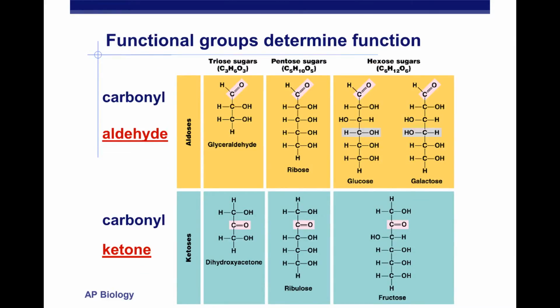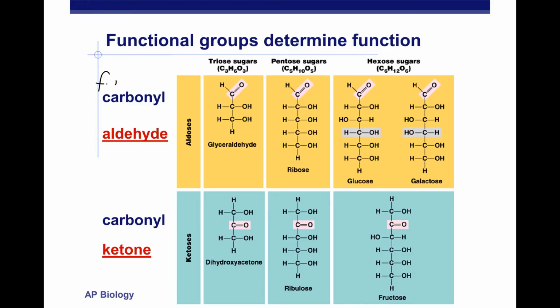So sugars have some simple units which we call functional groups, and depending on the location of these functional groups, it's going to identify what category of sugar you are working with. So we can break them down into 2 main groups, which are called aldehydes or ketones, and you know which one you have based on the location of the functional group, which is called a carbonyl functional group. I'm just going to write a few notes for you that you'll be able to take down.